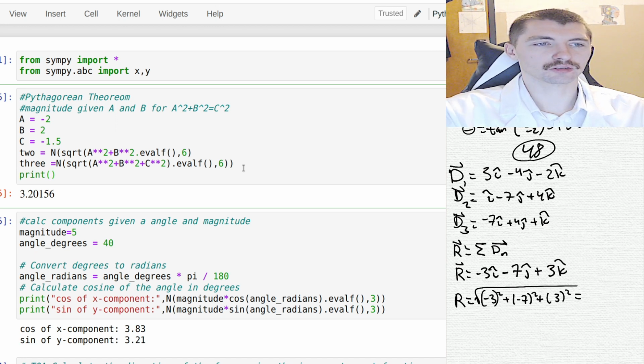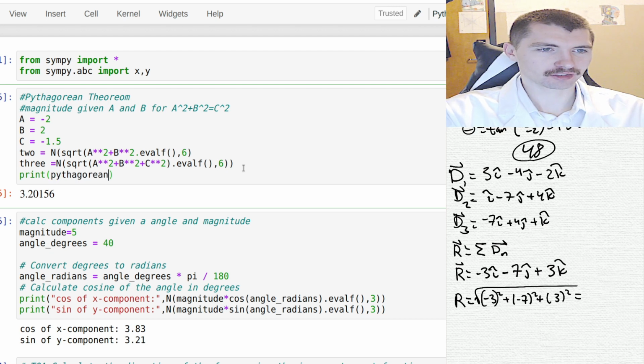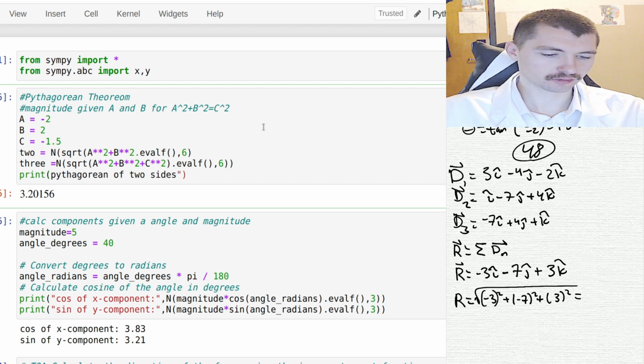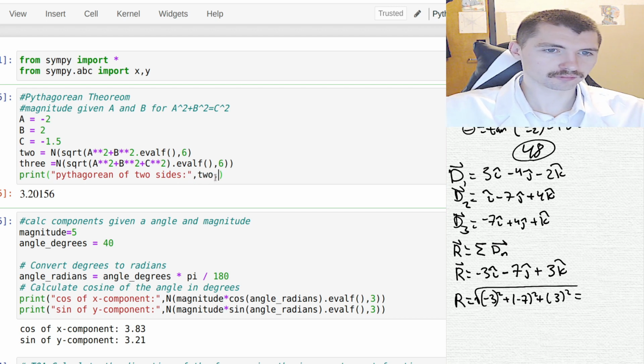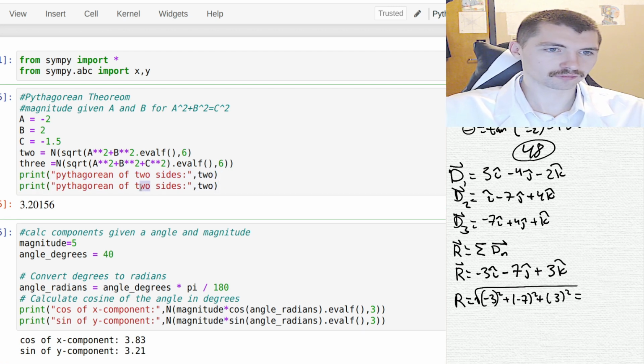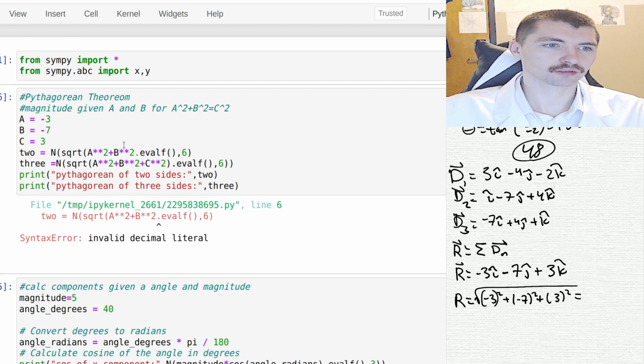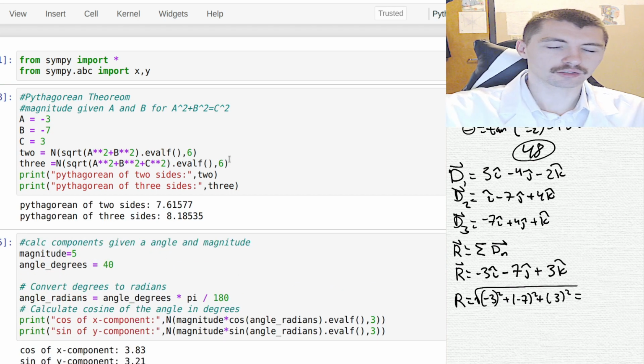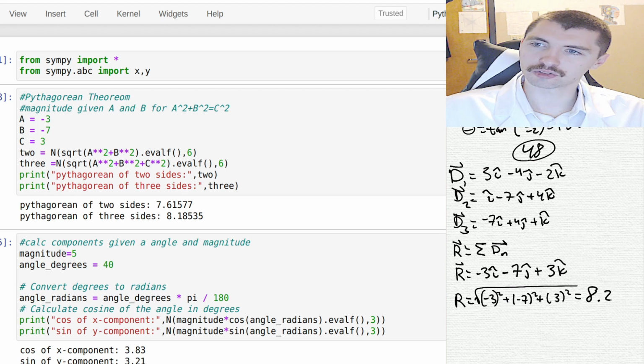Print, what's it called? Print two, when you're taking the Pythagorean theorem two sides, so print Pyth. Okay, so -3. Okay, so equals 8.2.